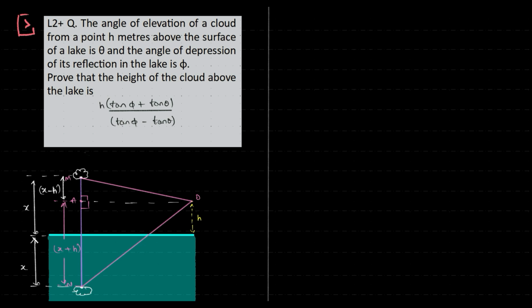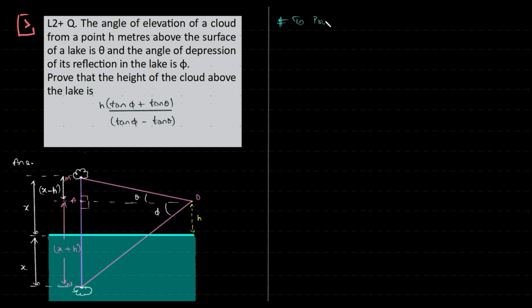This entire length is x, we are at a height of h, so the remaining distance is x minus h. And we have theta and phi. The angle of elevation of the cloud from a point h above the surface of the lake is theta. So this is your theta and that's your phi. And we have the required diagram, that's it. So your answer starts with this. I hope you guys got this. We have done it before.